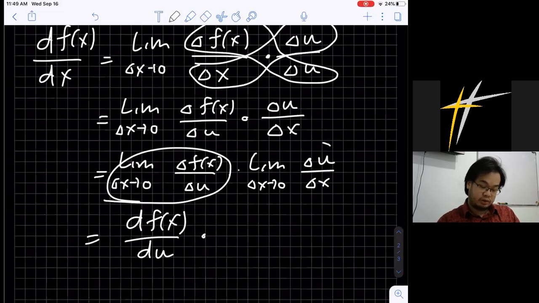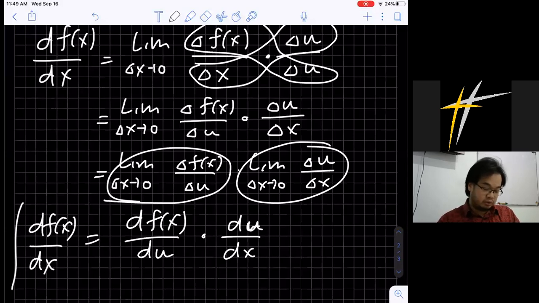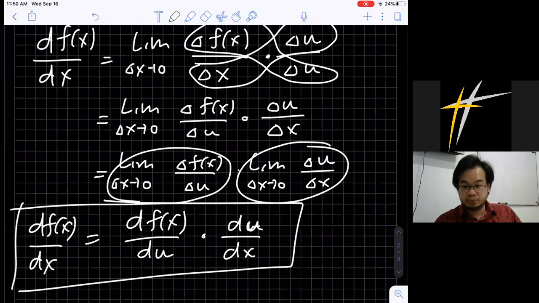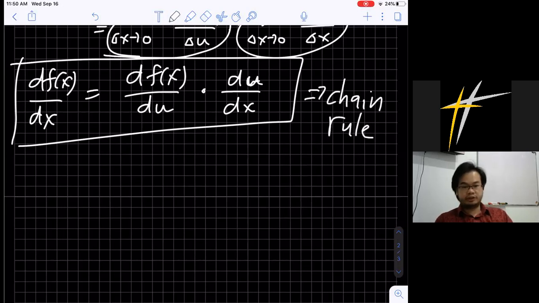And this is equal to du/dx. So df/dx, the derivative of f(x) with respect to x, is equal to df/du, the derivative of f with respect to u, times du/dx, the derivative of function u with respect to x. Now, this is called the chain rule.